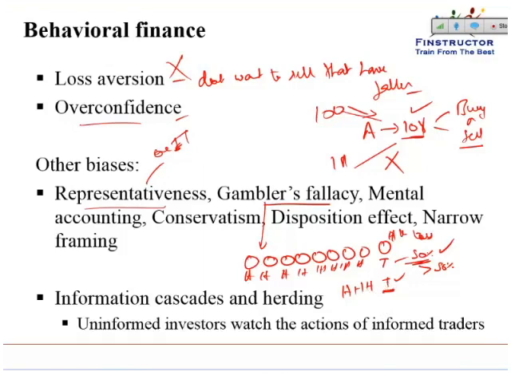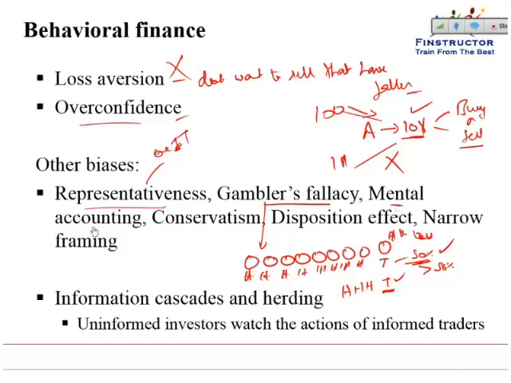So yes, if you throw 1,000,000 coins, then there will be 500,000 heads and 500,000 tails near about. But in 10, 100, 1,000 tosses, you can say nothing. So the gambler's fallacy is that you expect reversion to long-term means much sooner.